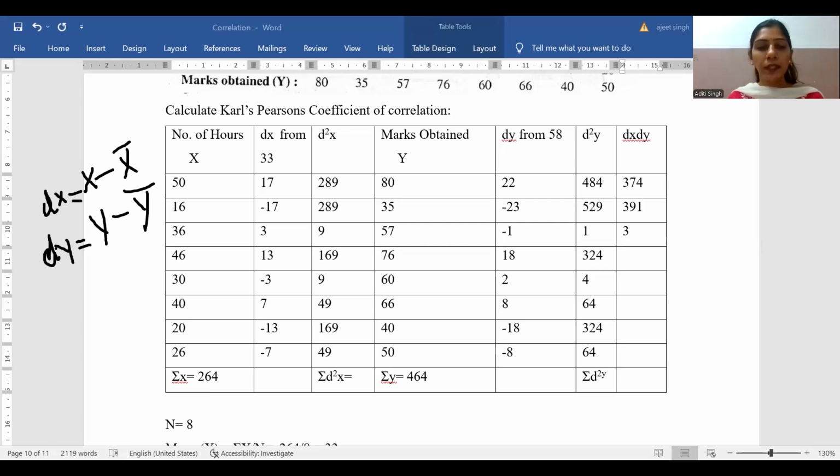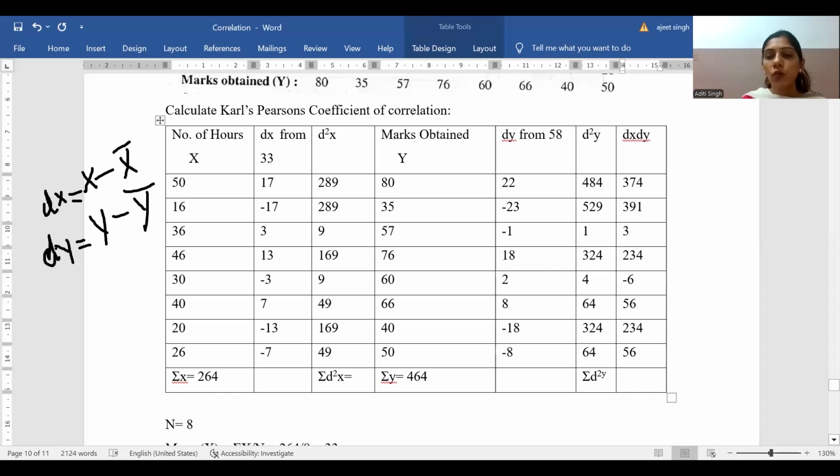Sorry, 18 multiplied by 13 is 234. Now minus 3 multiplied by plus 2 is minus 6. Now 8 multiplied by 7 is 56, and minus 13 multiplied by minus 18 is again 234, and minus 8 multiplied by minus 7 is 56 again.